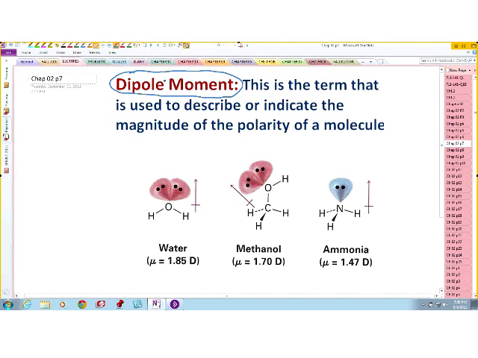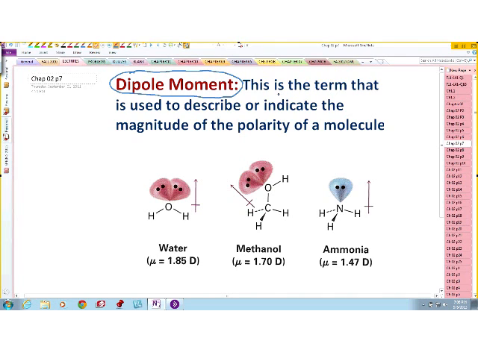So a polar molecule will be soluble in water, a non-polar molecule will be soluble in organic solvent. We could use this to determine some of the chemistry that we will be doing in the future, in terms of what solvent you need to use for a reaction.